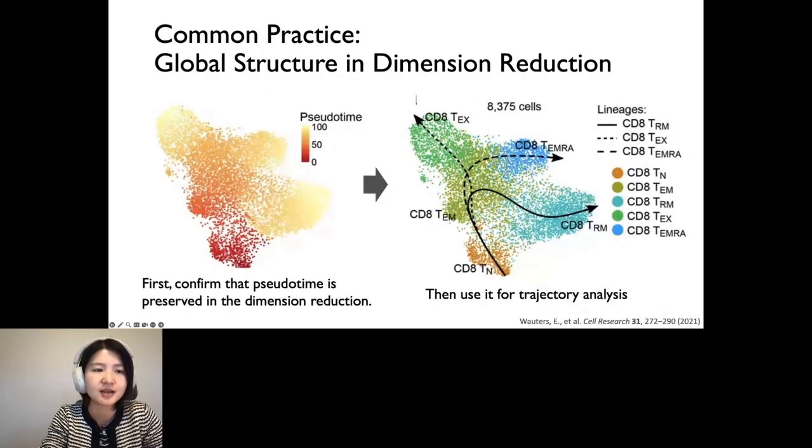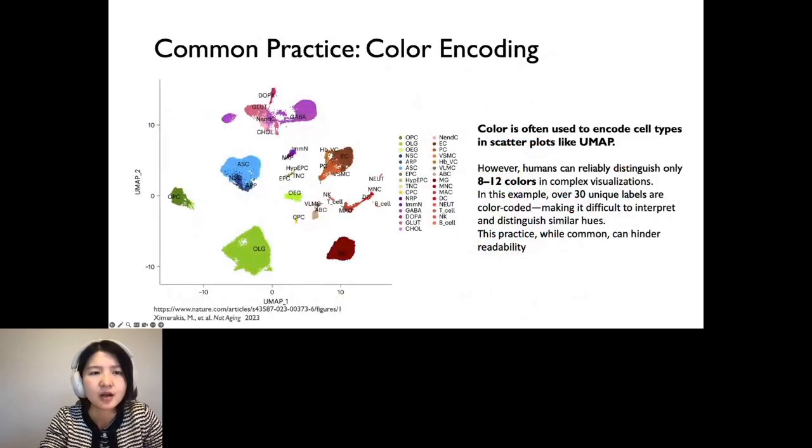For example, here, they first use color to encode the pseudotime to ensure that the temporal structure is preserved in the global space after dimension reduction. And then they use this heat map to analyze the cell type changes over pseudotime as a trajectory analysis.